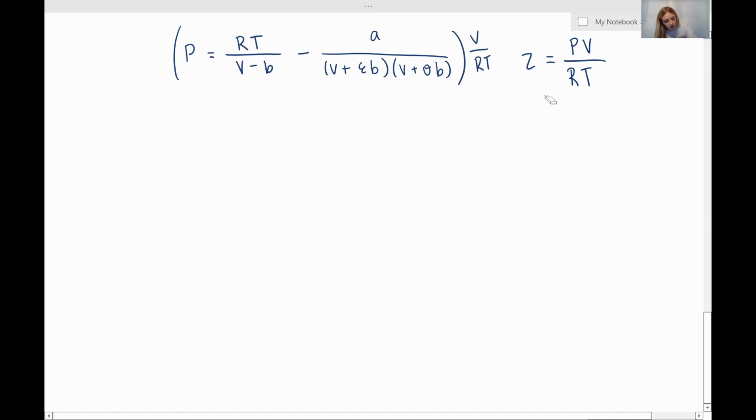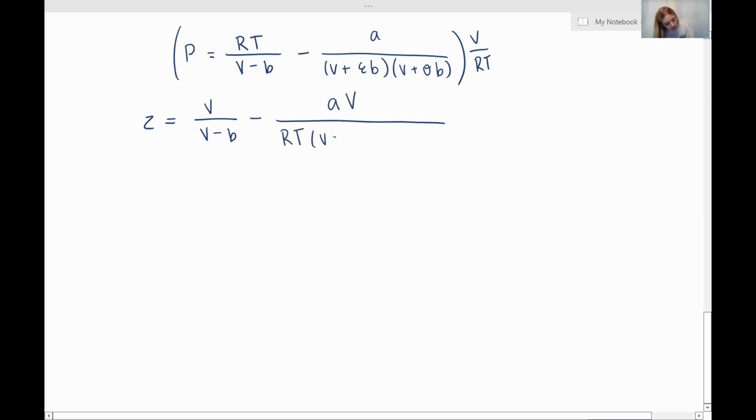I'm just going to go ahead and erase this. We'll be left with Z, and our RTs are going to cancel out, so we're left with V over V minus b, and then we have aV over RT times (V plus epsilon b)(V plus sigma b).